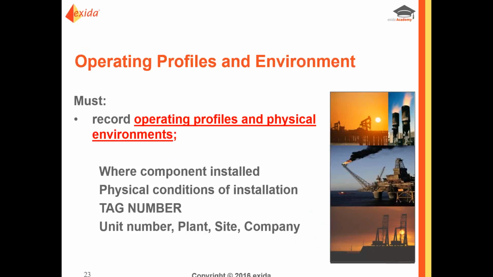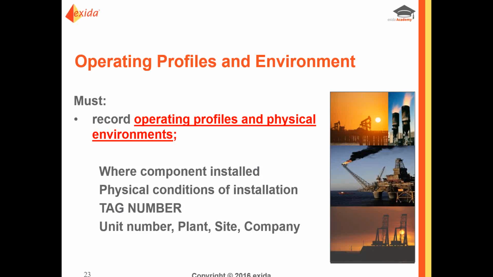For every piece of equipment, we really should ideally understand the application, which is what we're talking about when we say operating profile, and the physical environment. Depending on the device, physical environment may very well have a significant impact on failure rate.